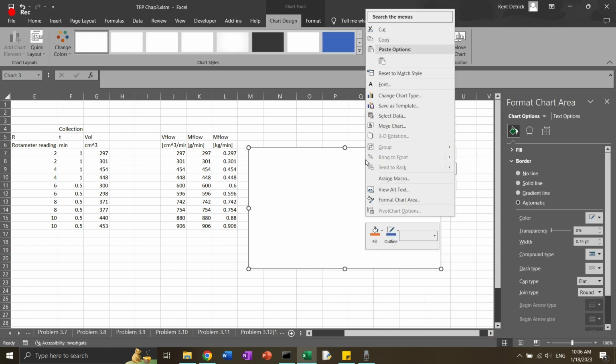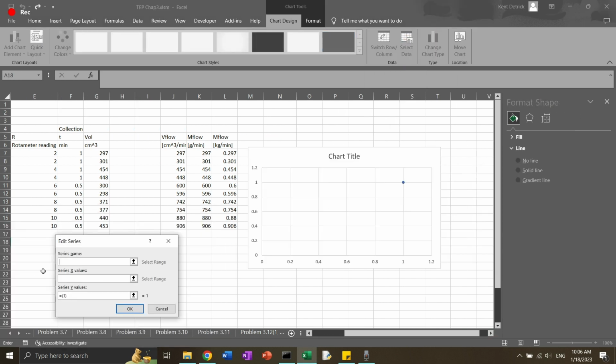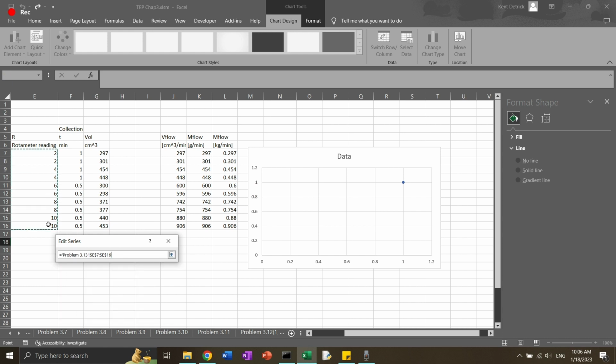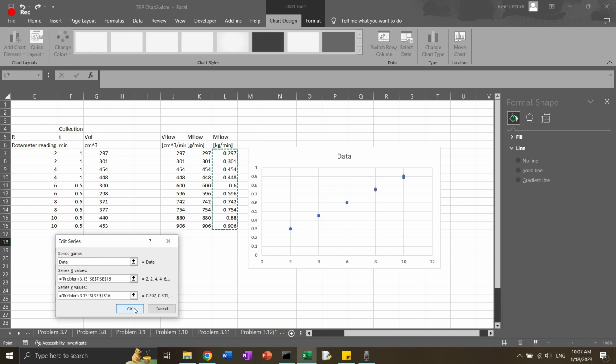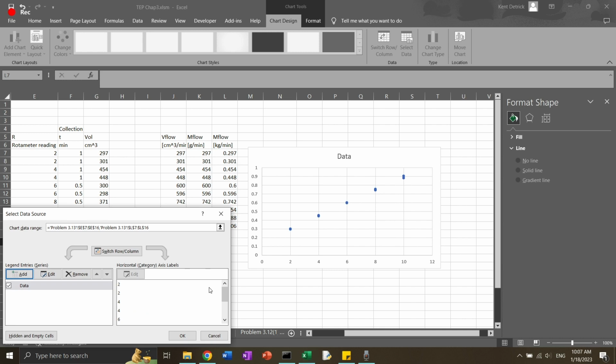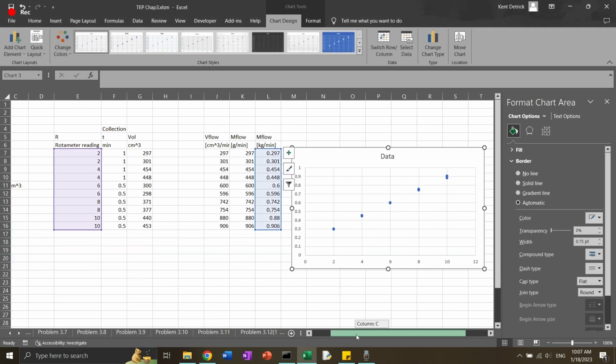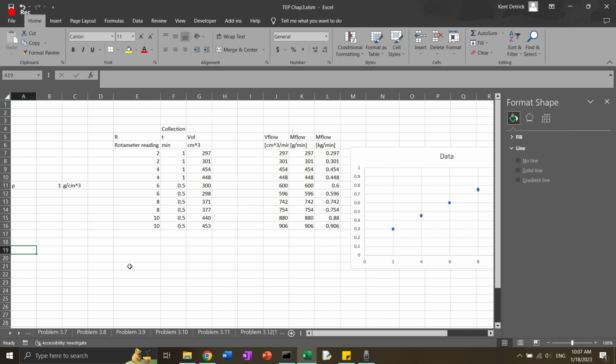Okay, so we need to make a data column. We'll do our x values, which are the rotometer reading, and our y values, which are the mass flow rate in kilograms per minute. Okay, that looks very linear. So let's go ahead and use a linear model, have a slope and an intercept, and these are our parameters.